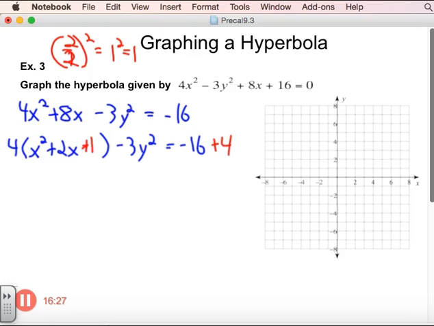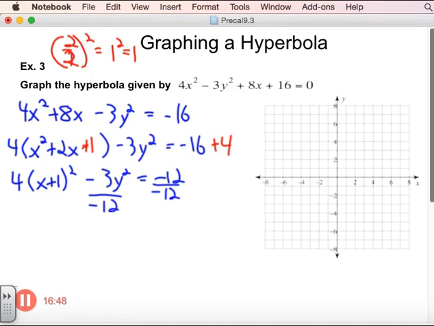Then we can factor: x squared plus 2x plus 1 factors into (x plus 1) squared. And we have minus 3y squared equals negative 16 plus 4, which is negative 12. We need to make the right side equal 1, so we divide each fraction by negative 12.